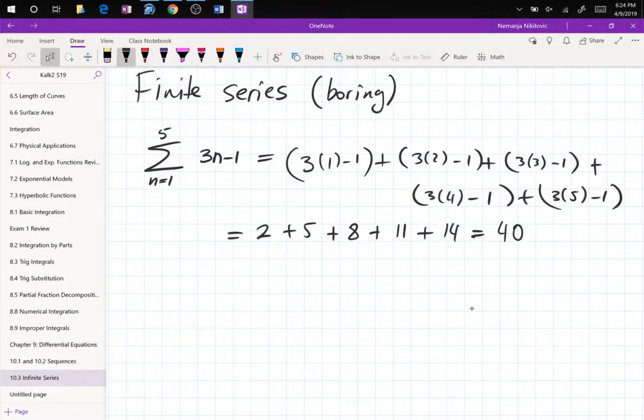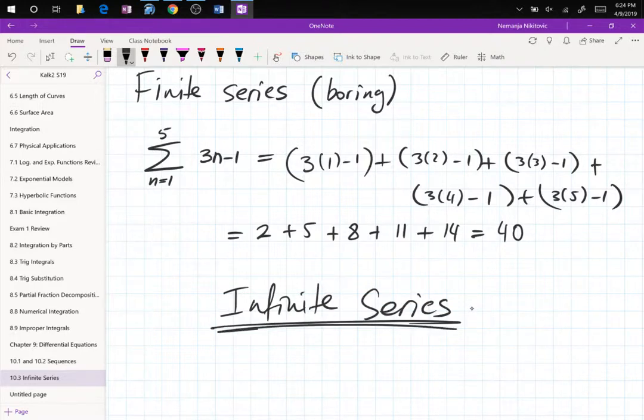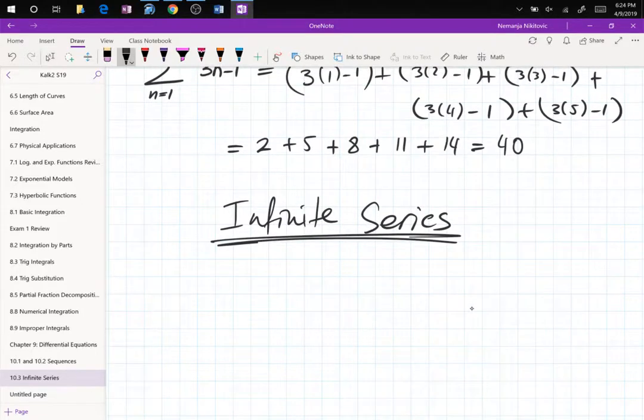So infinite series is the title. And we are considering the summation of a_n as n goes from, let's say, 1 or 0, doesn't matter, to infinity.